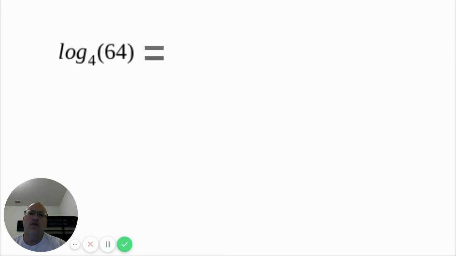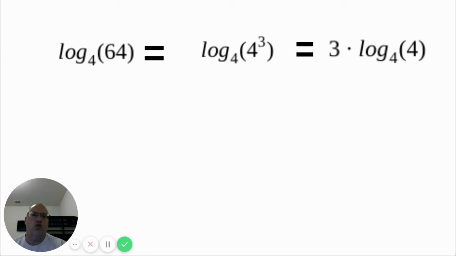That's right, because you can say it's the log base 4 of 4 to the power of 3. So 64 and 4 to the power of 3 are the same thing. If you want to simplify, you can take that 3 and pull it down in front, and it looks like this: 3 times the log base 4 of 4. All 3 of these expressions are the same.